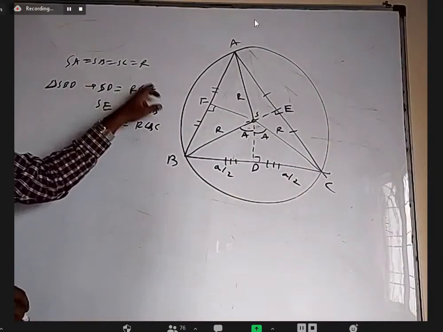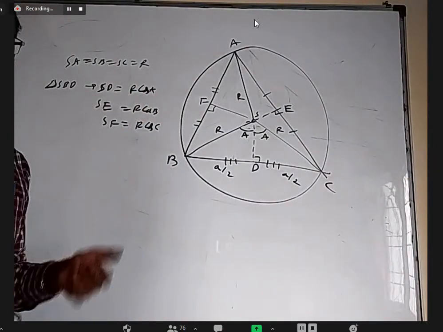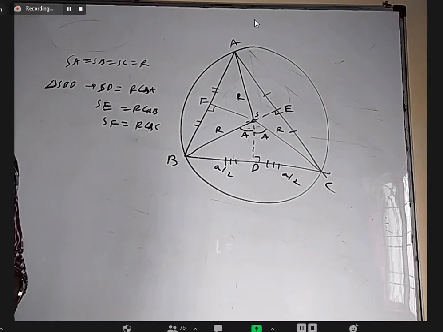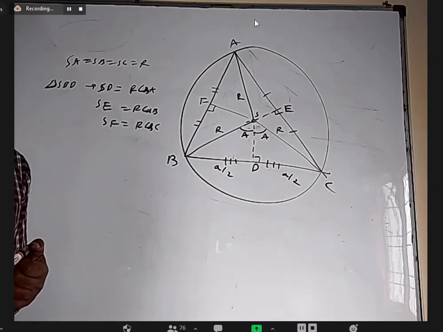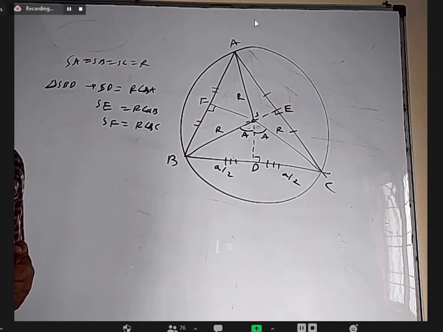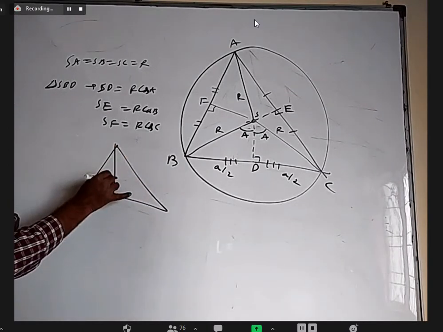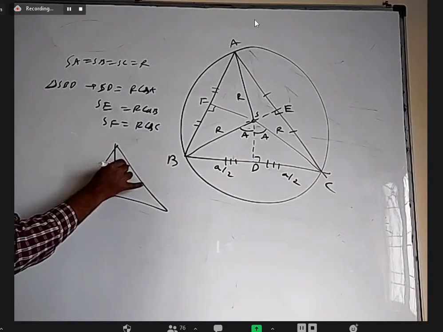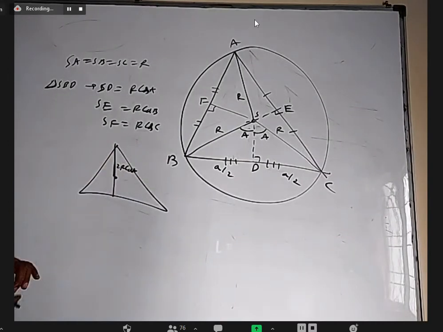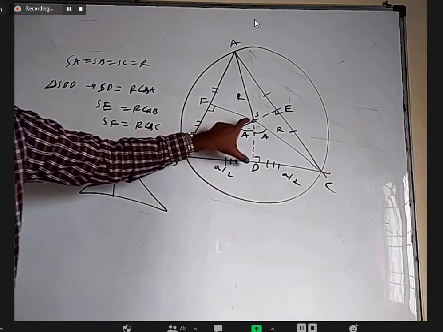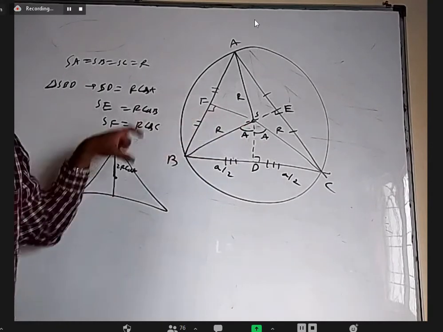Have you seen something like R cos A anytime before in the previous class? In the case of the orthocenter, when we discussed from the orthocenter to the vertex, we got the length as 2R cos A. If you look at this length, it is R cos A. There is a use of that.